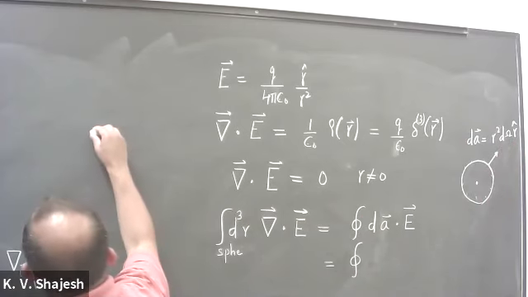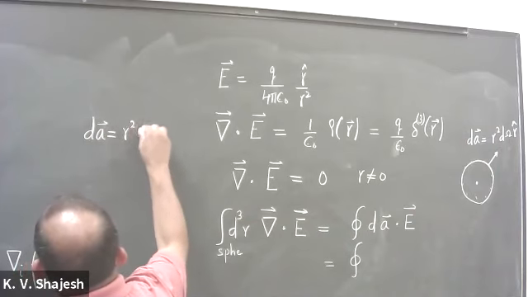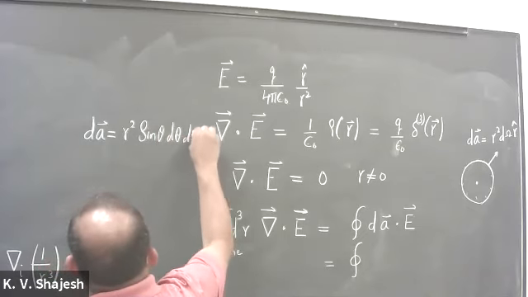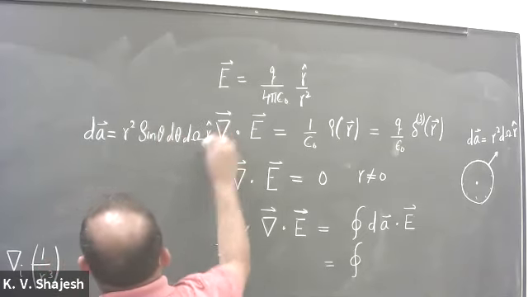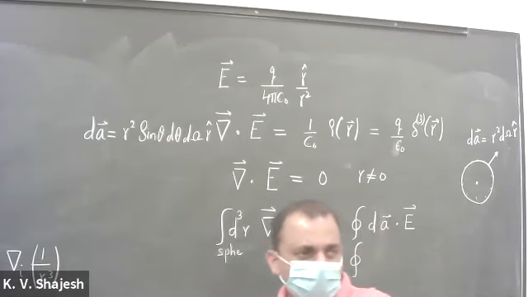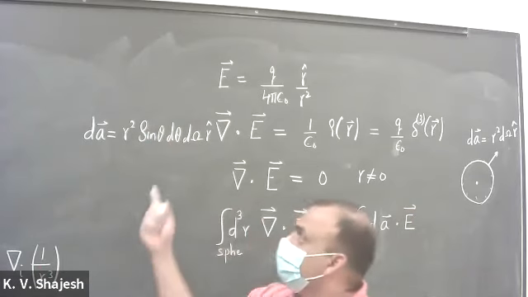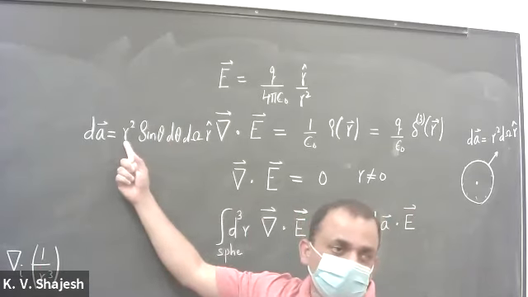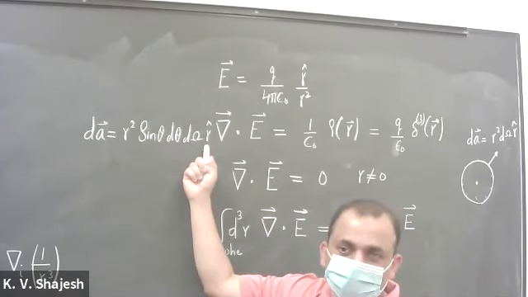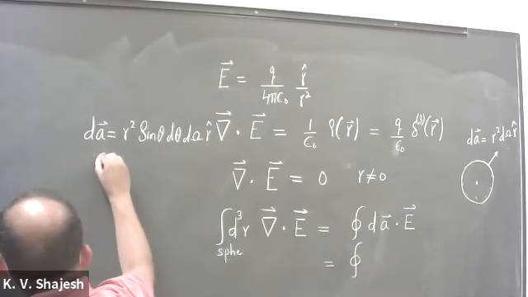So dA would be written as r squared sine theta d theta d phi, r hat. Is that okay? This is the tiny area element on the surface of a sphere. This is the radius of the sphere, and the direction of the area is a vector, so that's r hat.